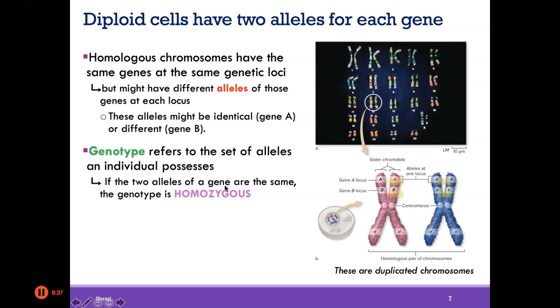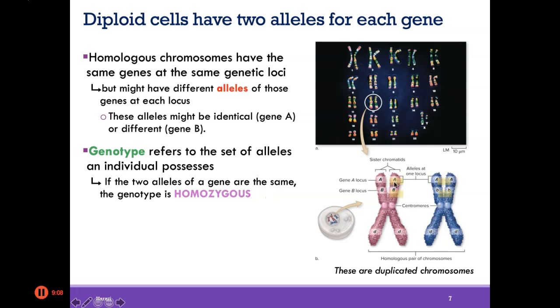So if the 2 alleles of a gene are the same, like an A, for example, so here's a big A in mom and a big A in dad, we say that it is a homozygous genotype. Because if these 2 chromosomes end up in a zygote, if this is the sperm and this is the egg, and these both end up in a zygote, that zygote will be homozygous, the same big A, right?